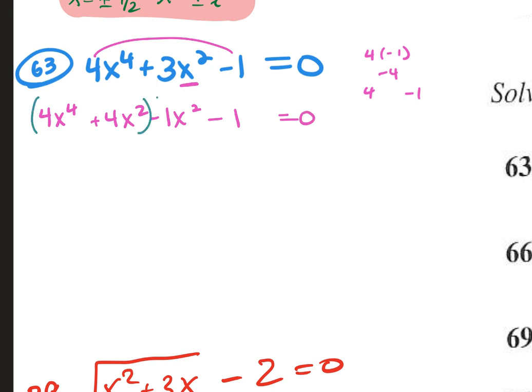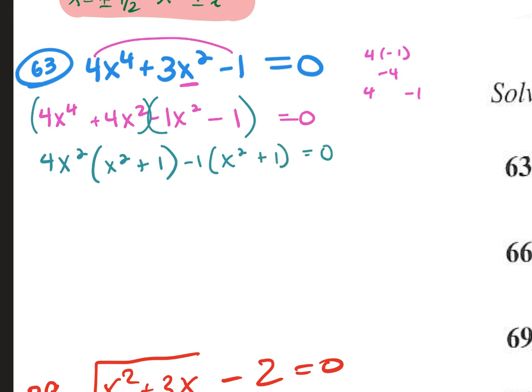Then factor by grouping. From the first set of parentheses, you can take out a 4 and an x squared, and I get x squared plus 1. From the second set of parentheses, you can take out a negative 1, and I get x squared plus 1. So my greatest common factor is x squared plus 1, and the 4x squared and the minus 1 get grouped together.